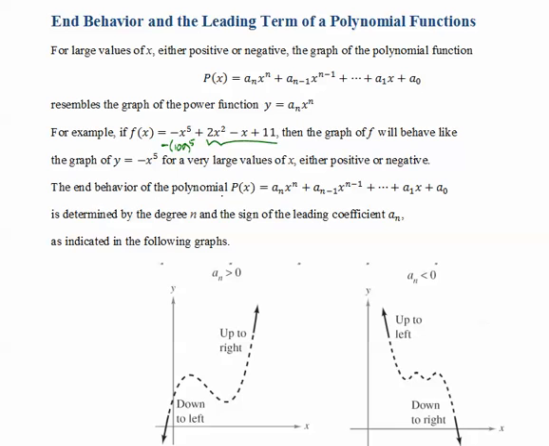The end behavior of the polynomial function p of x is determined by the degree n and the sign of the leading coefficient. So the highest degree, and the sign of the leading coefficient, either negative or positive. Here is a summary of how it would behave. If a_n, which is the leading coefficient, is positive, it will look upward this way.